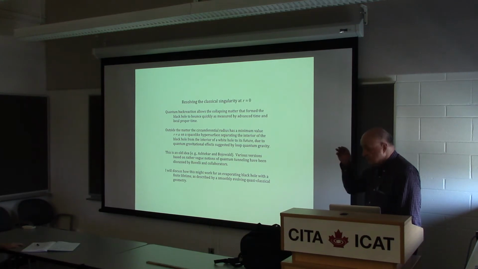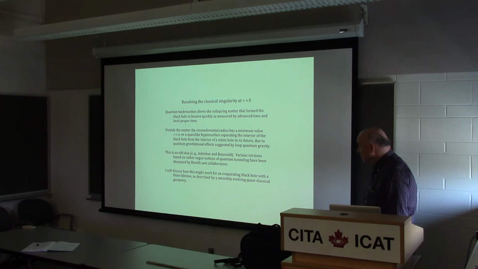And so you have, say, a shell going in and coming back out again. And it doesn't spend a long time with Planck energy densities. But outside the matter, well, you just have vacuum classically.